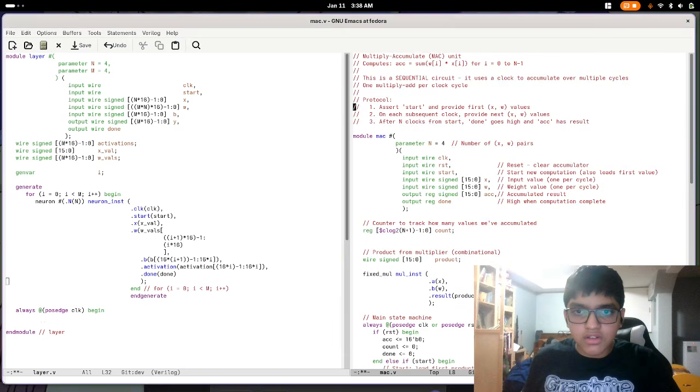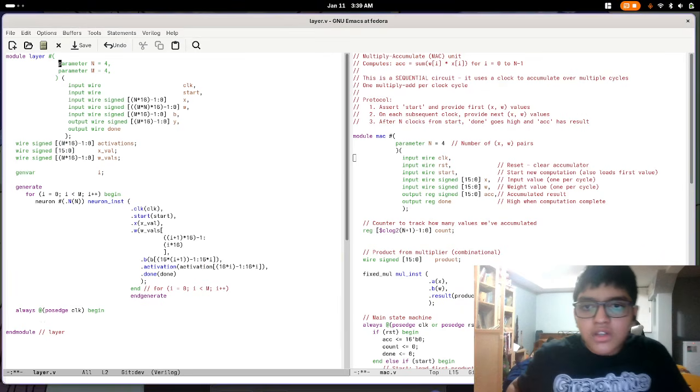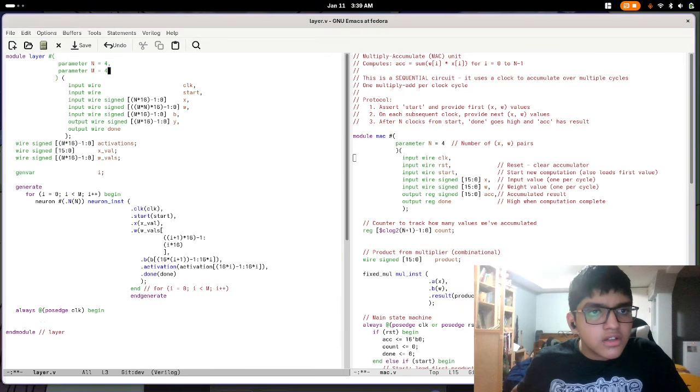Something's up. I don't know what. Module layer. That? No. I swear something looks weird here.